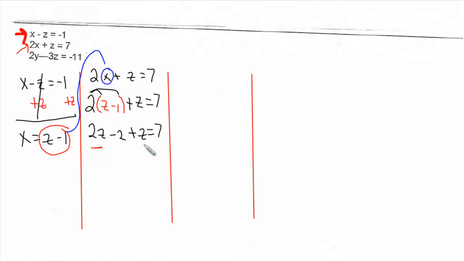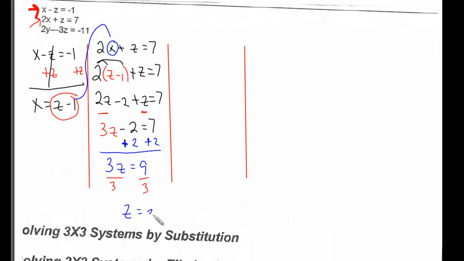Combining like terms, 2z plus z is equal to 3z minus 2 is equal to 7. Adding 2 to both sides gives me 3z is equal to 9. Dividing by 3 and z is equal to 3.